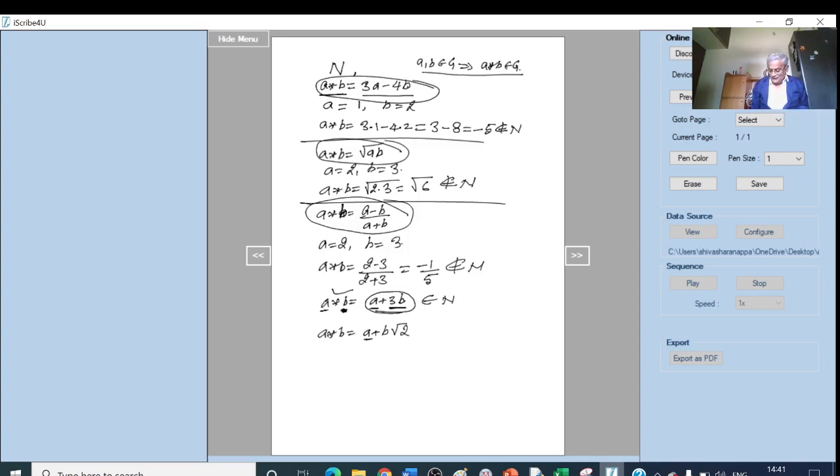See, A is a natural number, B is a natural number. What about B into root 2? This is not a natural number. If this is not a natural number, then the sum is not a natural number either. That is, this does not belong to N. So therefore, for A star B equal to A plus B root 2, star is not a binary operation.